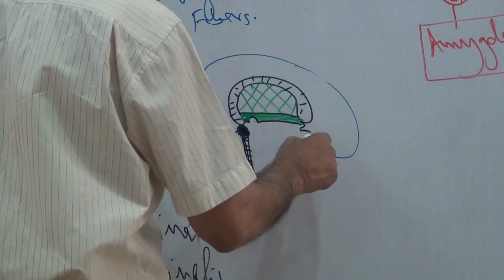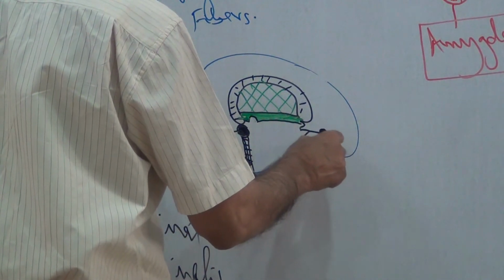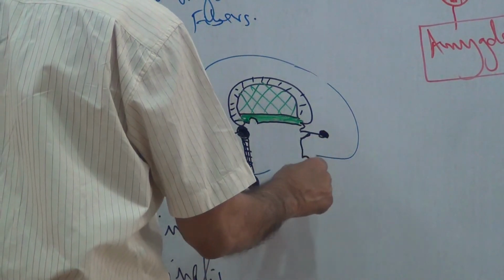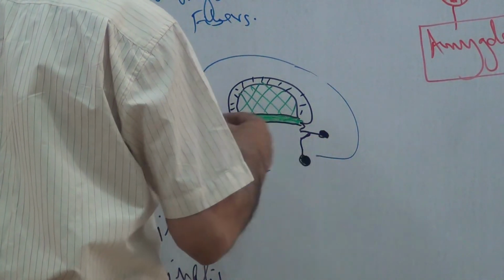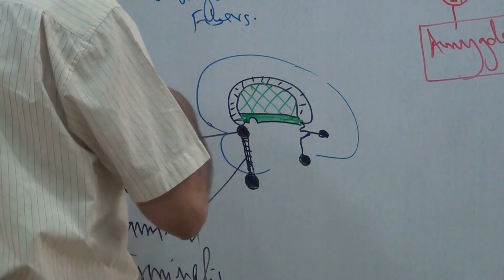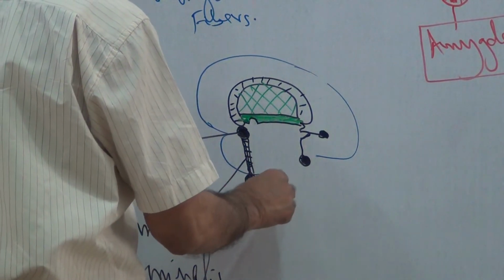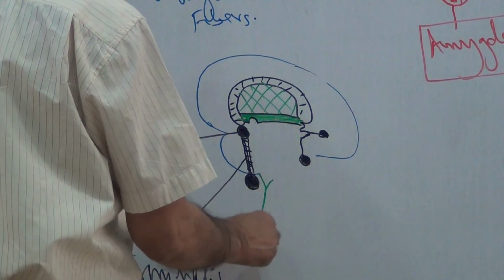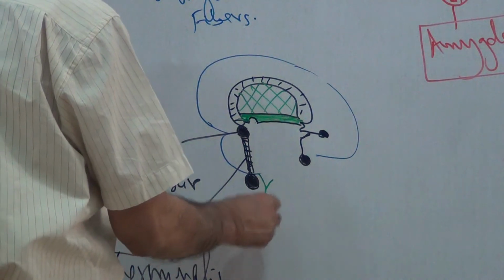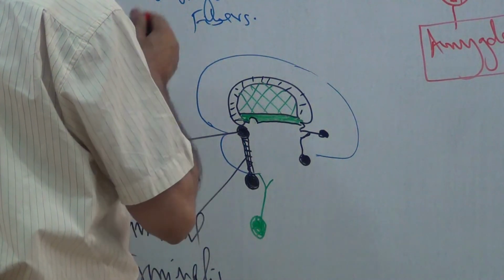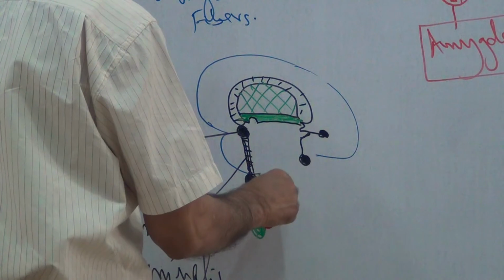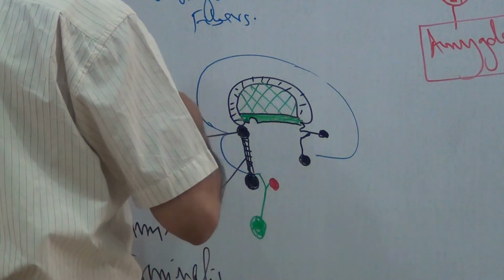Then epipineal, pineal recess, pineal body, and then posterior commissure. Mammillary body, the tuber cinereum, pituitary gland, mammillary bodies.